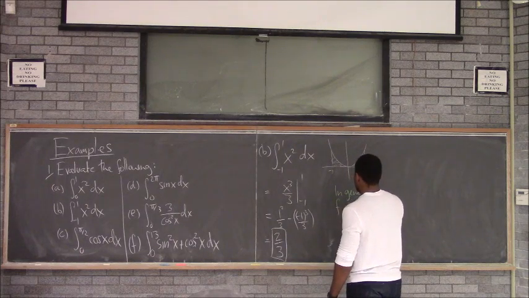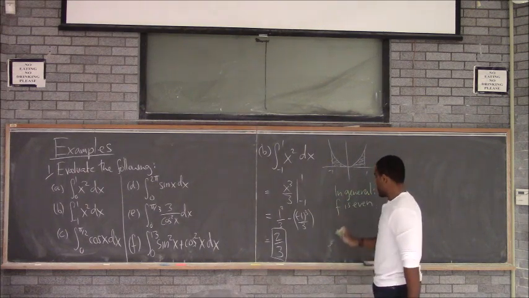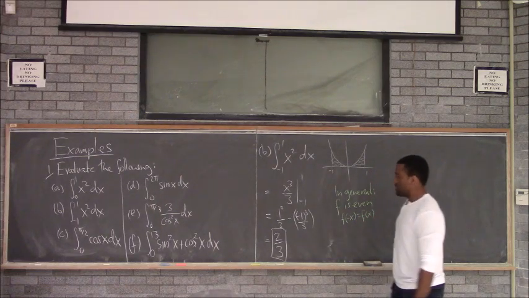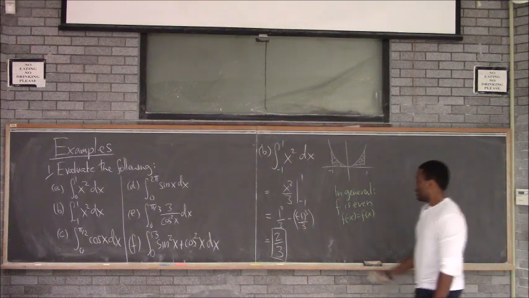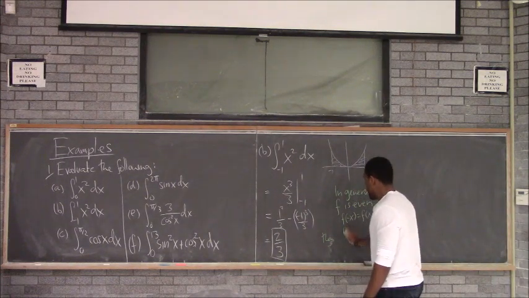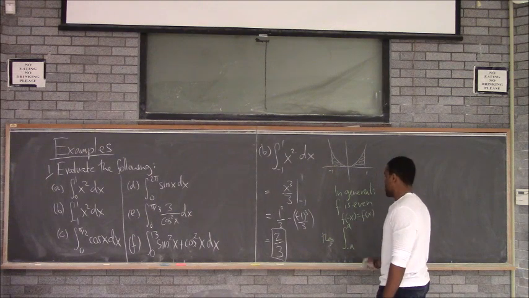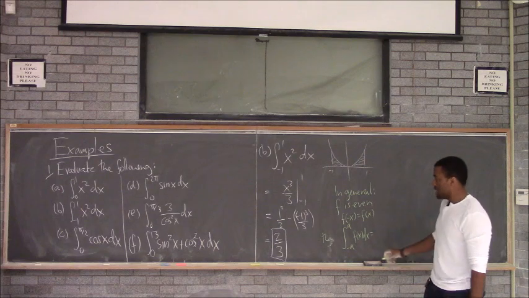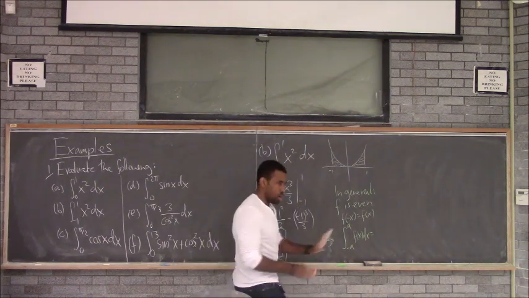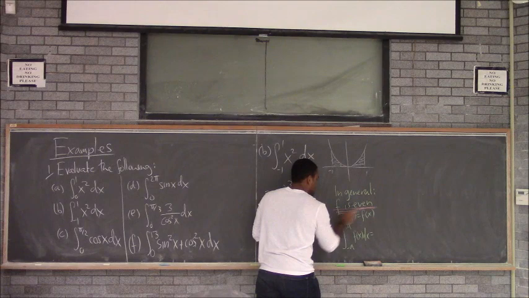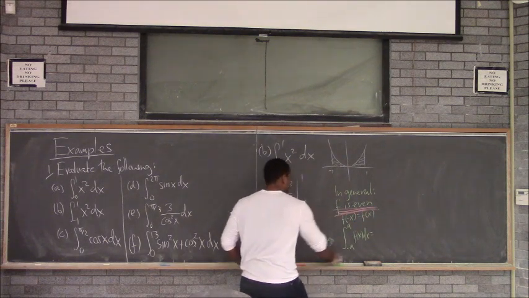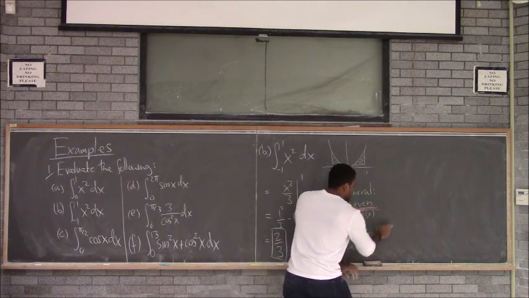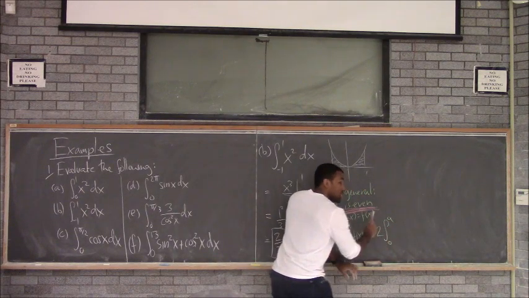If your f is even, and remember what even actually means, right? This means that f of minus x is equal to f of x. That means it's symmetric about the y-axis. Then, if you take an integral from minus a to a of f of x, if f is even, then integrating from a negative number to a positive number will always be double the answer you got from going from 0 to the number.